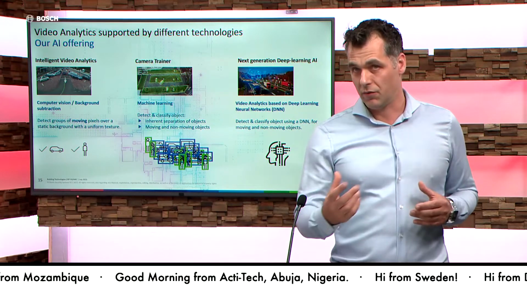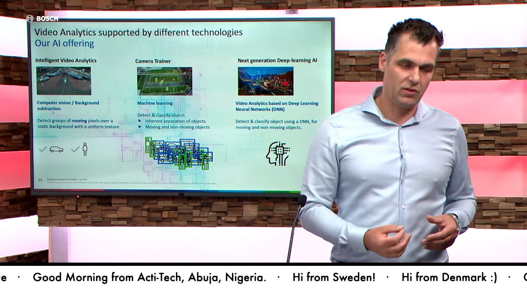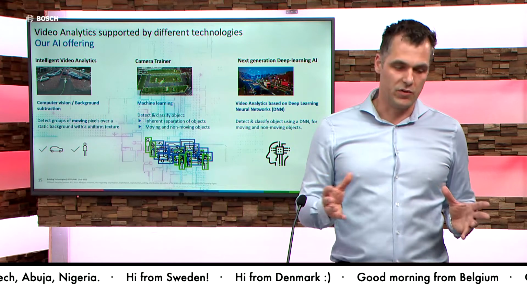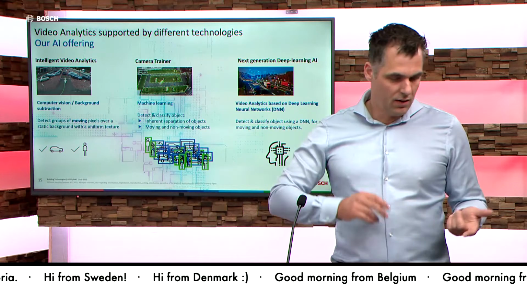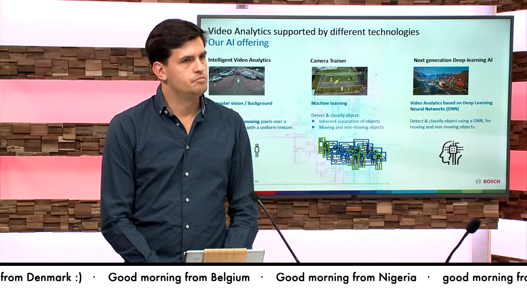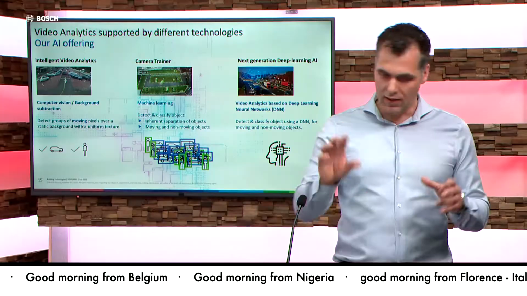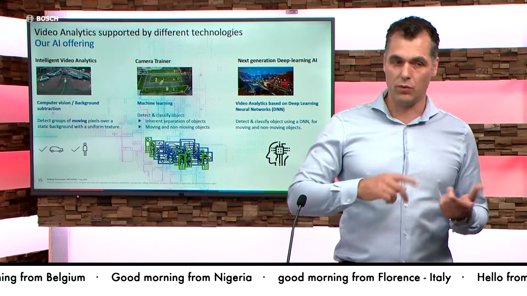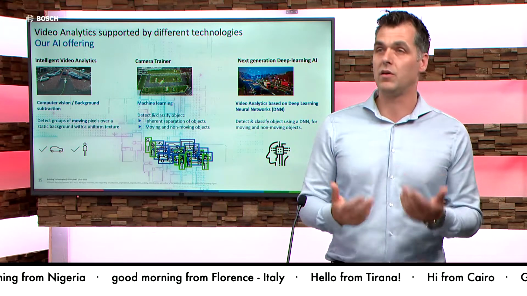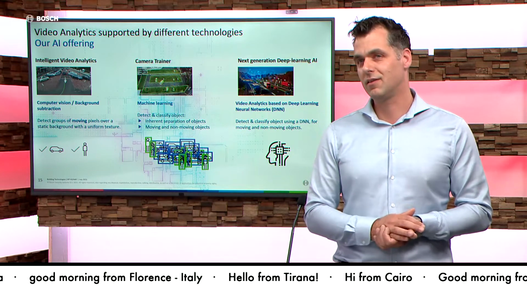So different, very specific applications which you can do with machine learning. But the machine learning is simply with 100 or 200 images. Already you can do some basic machine learning. By selecting different objects in a live video feed or some recording, you can start to train this machine learning, and then you can start doing these kinds of detections.